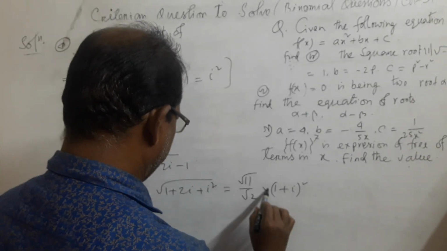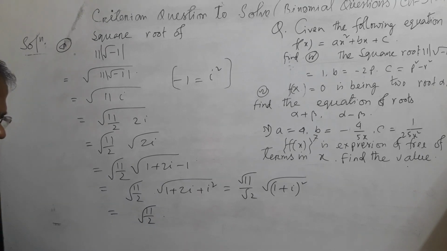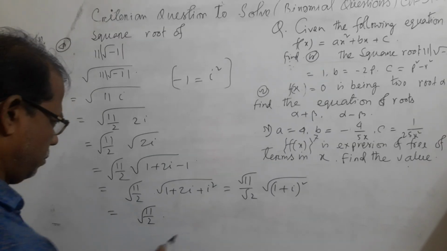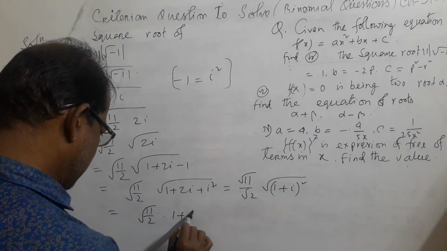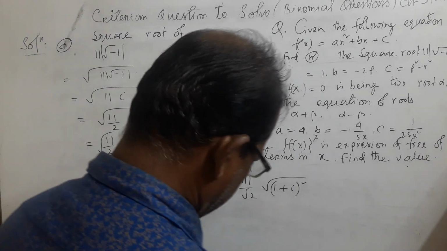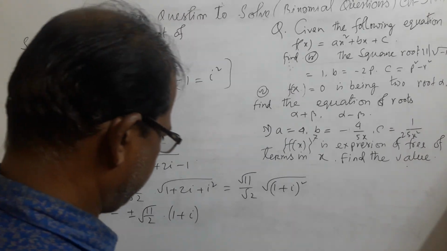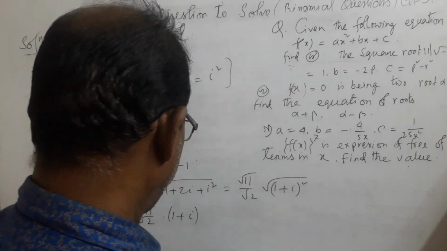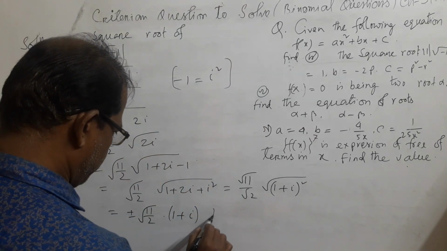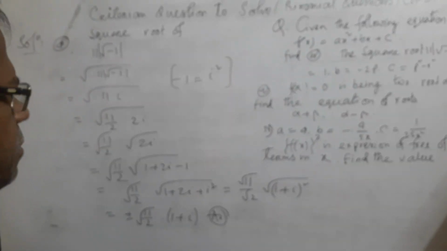That's why 11 divide 2 into 1 plus i, plus minus. It is only 2 marks, and this is the square root result. It is the easiest and easy thing.